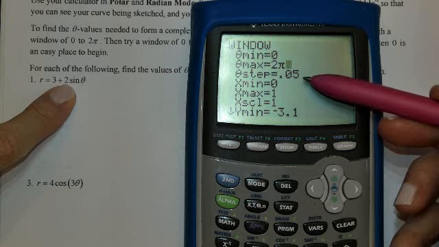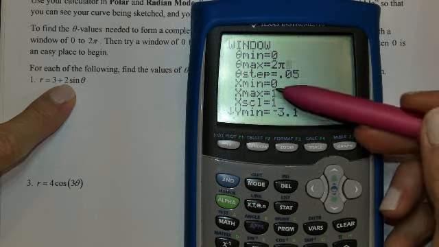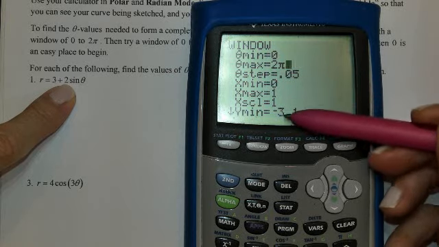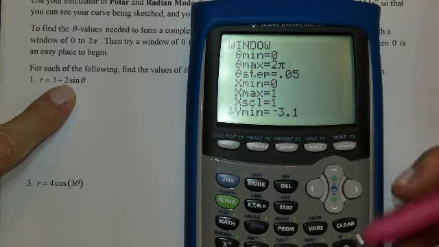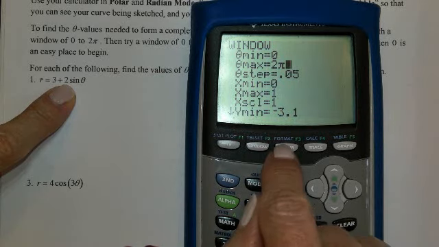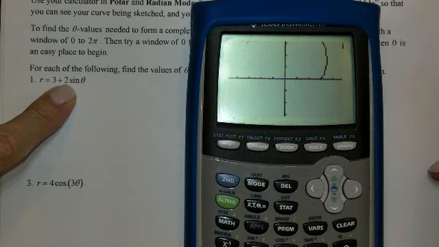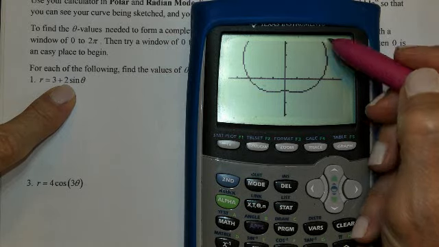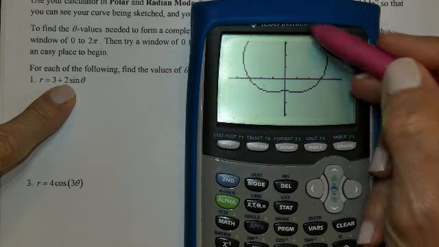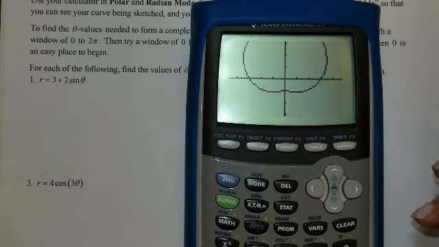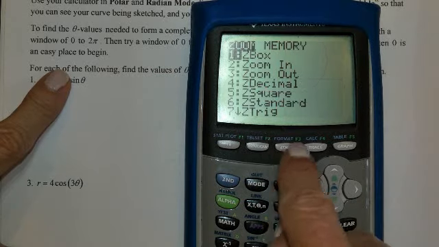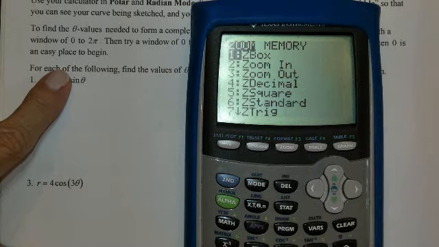For the x's and the y's, I'm just going to zoom for that. Now we have that. Does that look like the complete graph? No, it does not, because we're missing a part up here. So what I'm going to do is zoom, and then zoom out. So 3, enter.